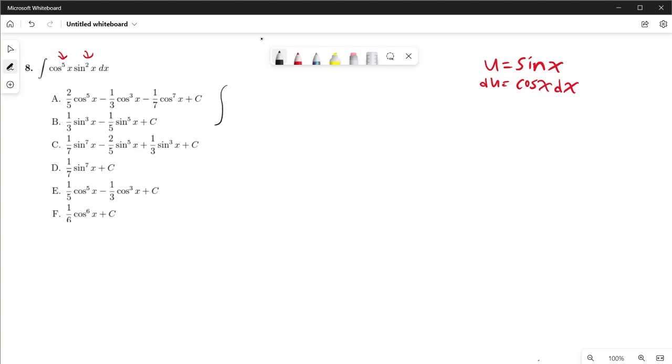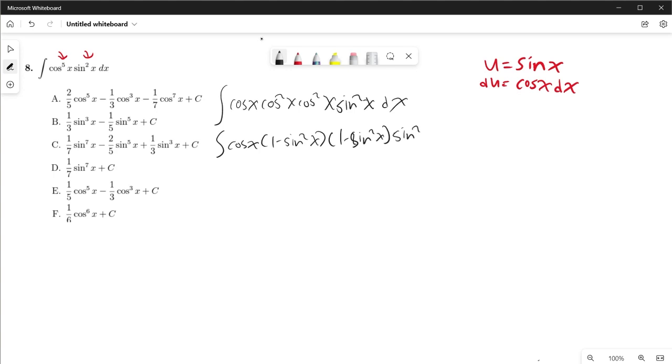So let's write that. I have cosine x and then cosine squared x, and then sine squared x. Leaving that cosine x alone, cosine squared x is just 1 minus sine squared x.